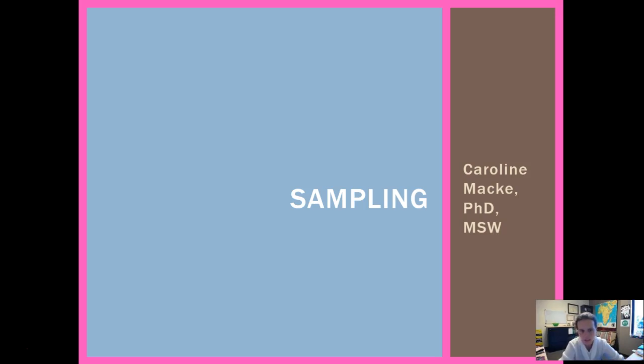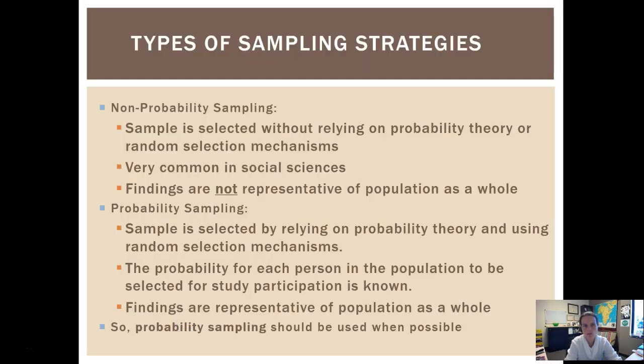So for instance, at NKU, we have between 14 and 15,000 students. Instead of surveying every single one of those students, we may just collect data from a sample of those students. We may, for instance, say we want a sample of 500 NKU students. That, of course, makes data collection as well as data analysis a lot simpler when you have smaller sample sizes.